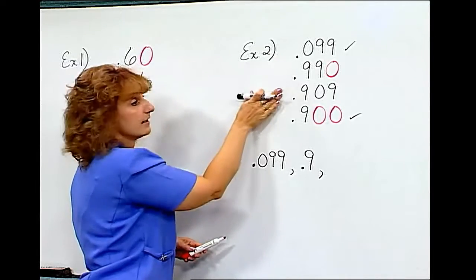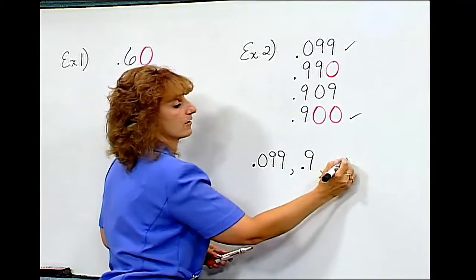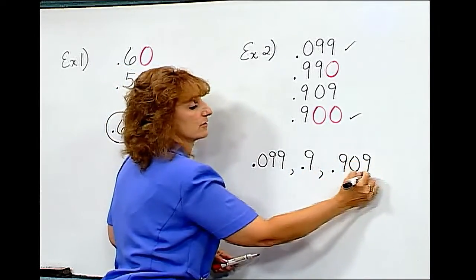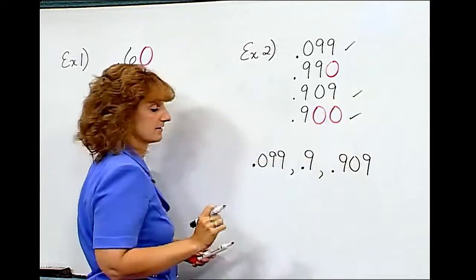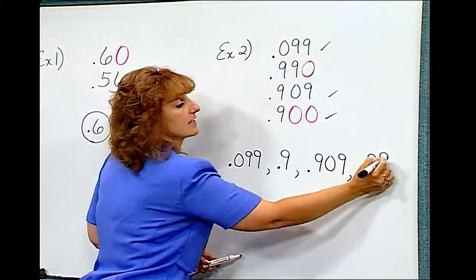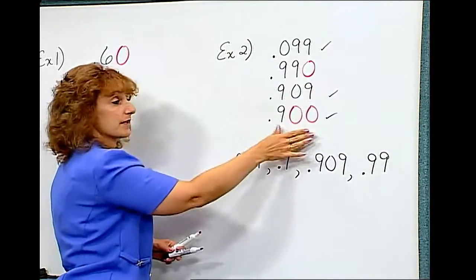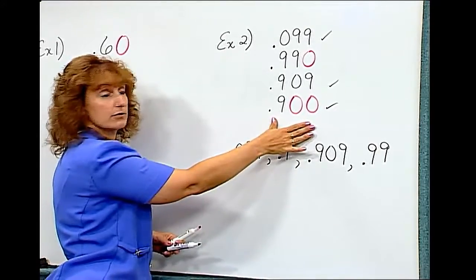We have 990 and 909. 909 is smaller, and since we're going from smallest to largest, that comes next, leaving me with 0.99 as my final decimal. So remember, placing zeros at the end of a decimal does not change its value.